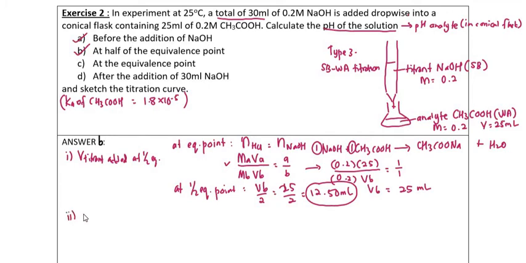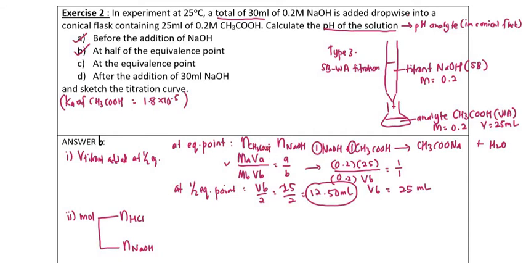Step number 2, you kena cari mole. Mole siapa? Mole HCl dan mole NaOH. Okay, right, sorry, di sini bukan HCl, your acetic acid.